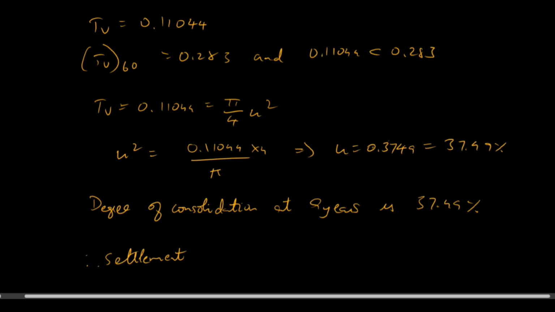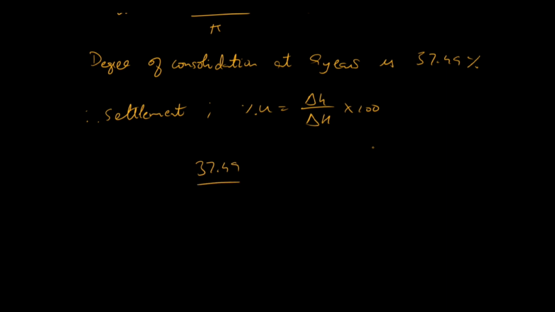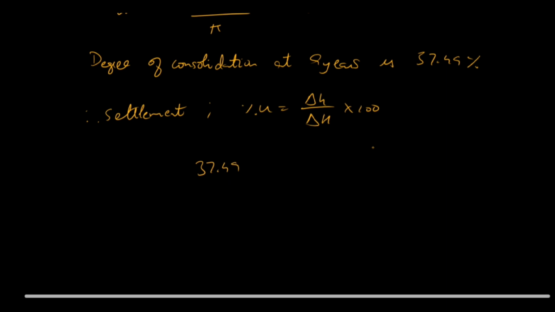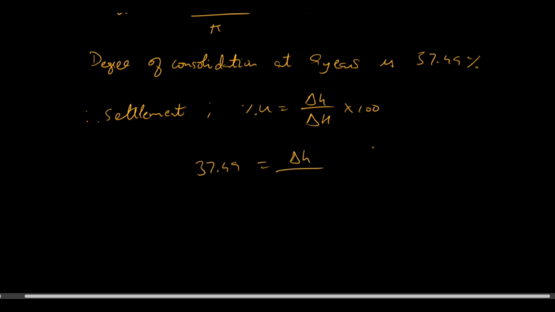Therefore, for the settlement, degree of consolidation will be equal to delta H by design settlement into 100. So at 9 years, 37.49 will be equal to delta H divided by 40 into 100.